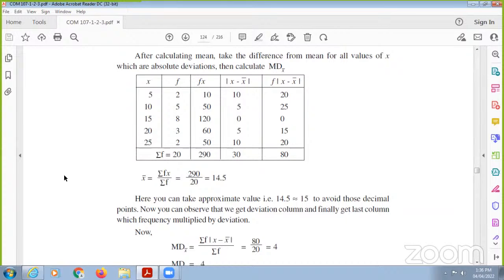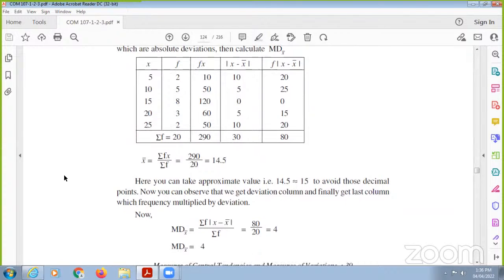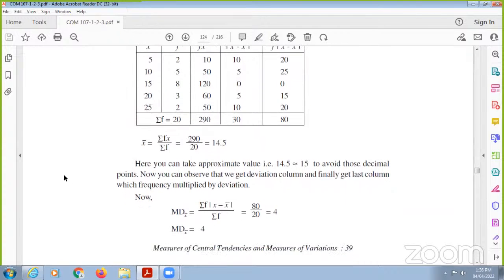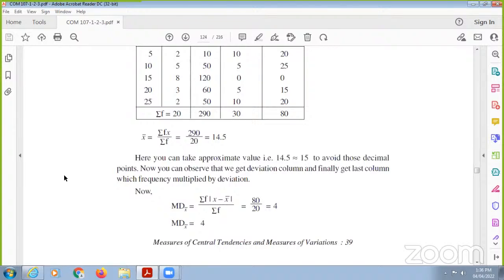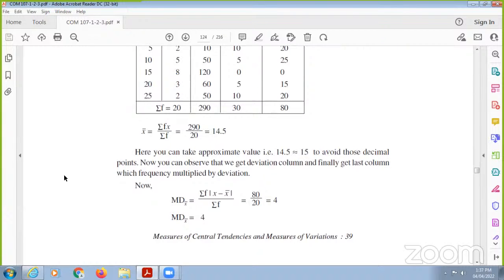Now you can observe that we get the deviation column and finally the last column, which is frequency multiplied by deviation. Now here mean deviation from mean is equal to summation f into bracket x minus x bar bracket complete upon summation f. Here the last column total is 80 divided by 20. The mean deviation from average or mean is equal to 4 here.